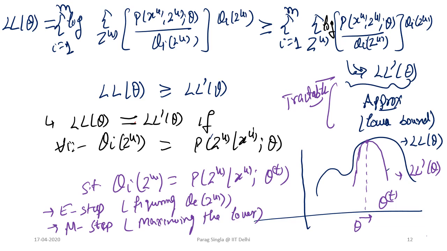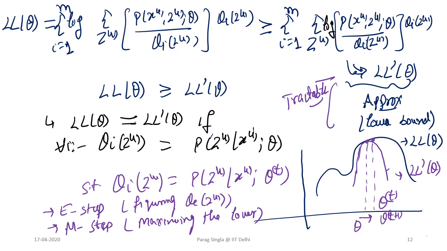So we construct this lower bound at given theta parameters, and then, instead of maximizing the original function, we maximize this lower bound. Once we maximize the lower bound, we go to a new theta t plus 1, which is the maximization of this lower bound, and construct a new lower bound, which is a better approximation to the original function.